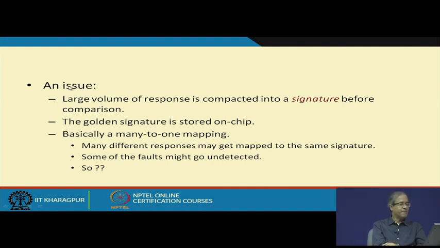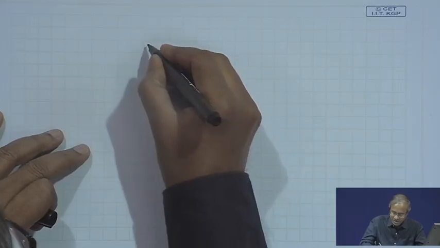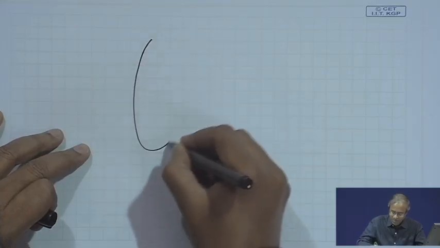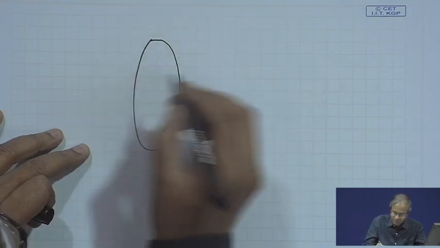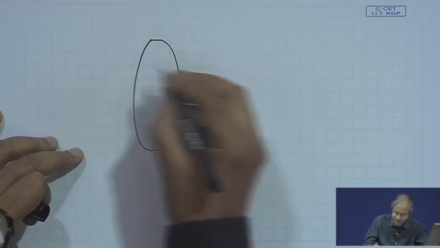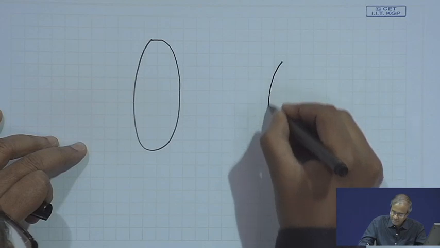There is one issue that arises here. We are doing compaction. So, compaction means what? We are doing some kind of many to one mapping, like we are mapping a large set into a small set.